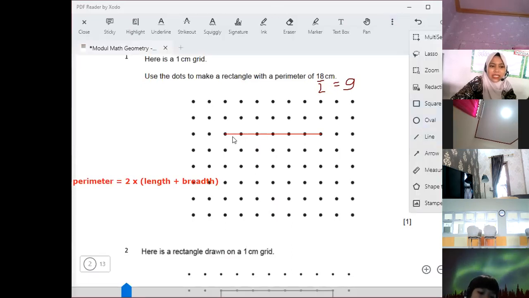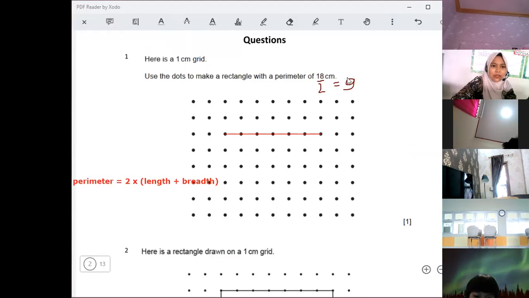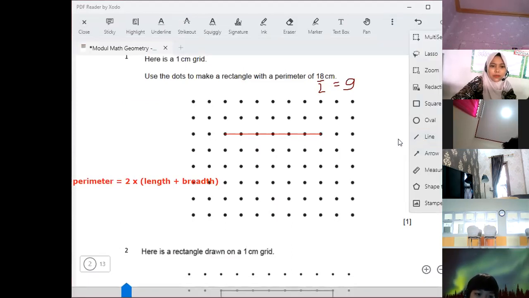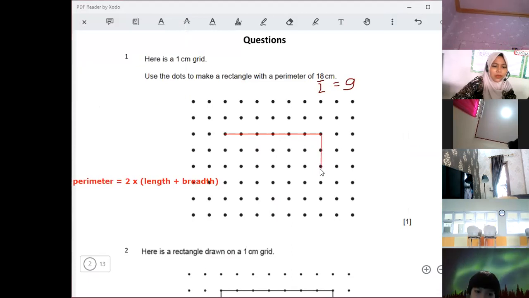And when Miss Aini has 1, 2, 3, 4, 1, 2, 3, 4, 5, 6 already, I need 3 more to go down. Three more to go down, and it's like this.